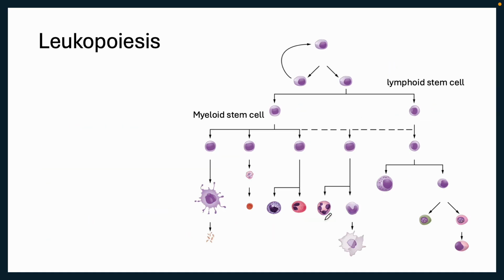So the overall process of it: we start off with the hematopoietic stem cell that is ultimately going to give rise to a cell that can differentiate into a myeloid stem cell or a lymphoid stem cell. The myeloid stem cell is going to be responsible for giving you your platelets down here.